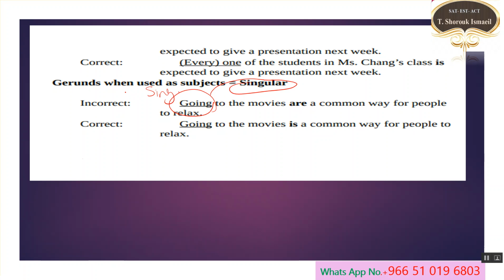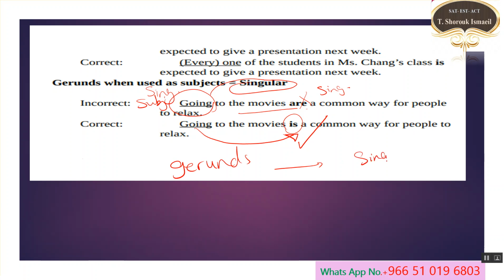So it makes me a singular subject, and this singular subject is followed by a singular verb. Or here will be wrong, and is here will be correct, because going is a gerund, and gerunds are followed by singular verbs. Okay, so these are some rules you need to put into consideration.